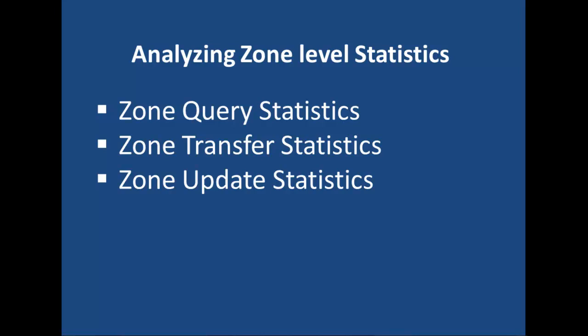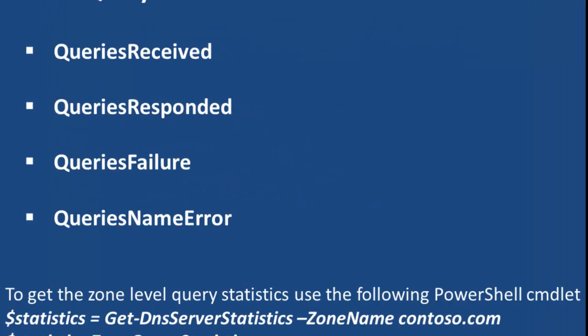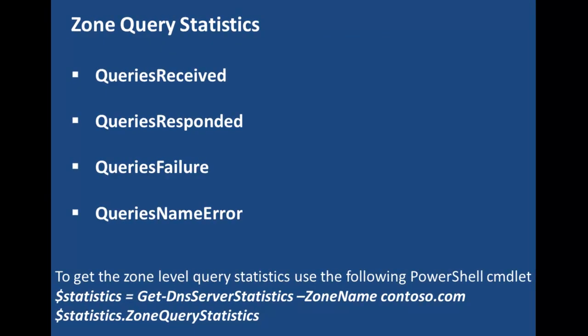First, let us look at what is involved with the different types of information that we can analyze. The zone query statistics. These statistics provide information about queries received, queries responded to, queries failure, and errors from queries.